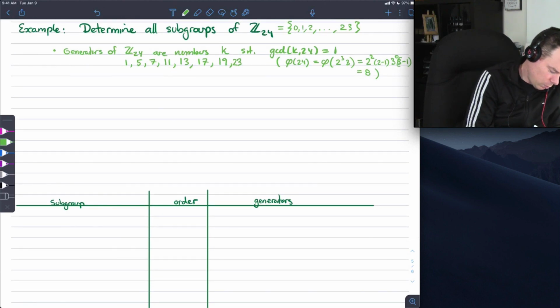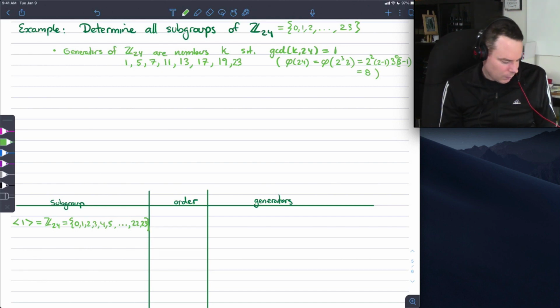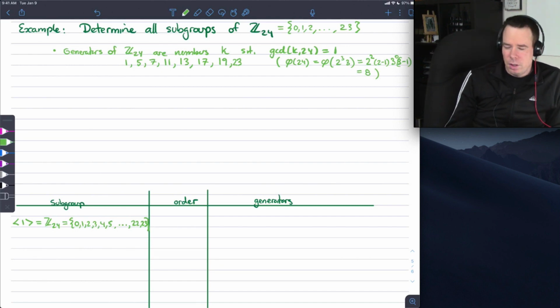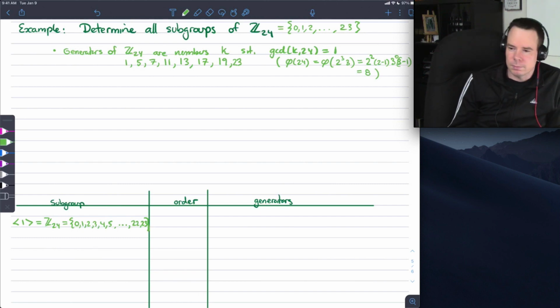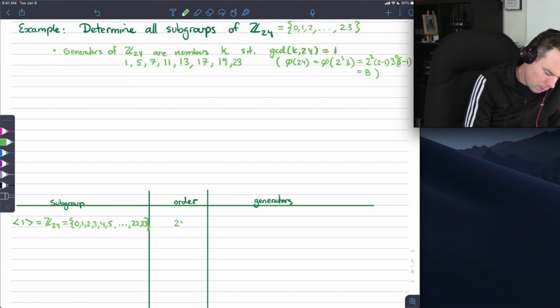In other words, the group generated by 1 is all of Z sub 24, which consists of 0, 1, 2, 3, 4, 5, all the way up to 22, 23. That's our subgroup of Z24. It's the whole thing, so it's just itself, and it has order 24.